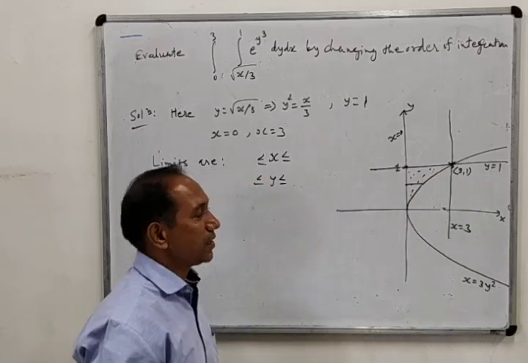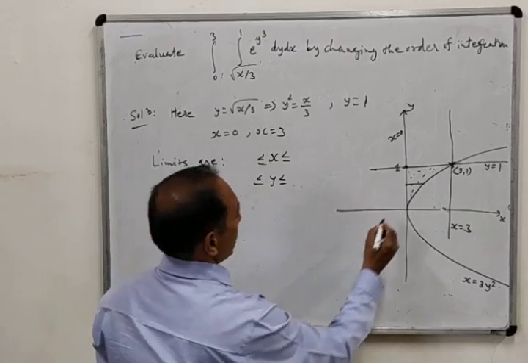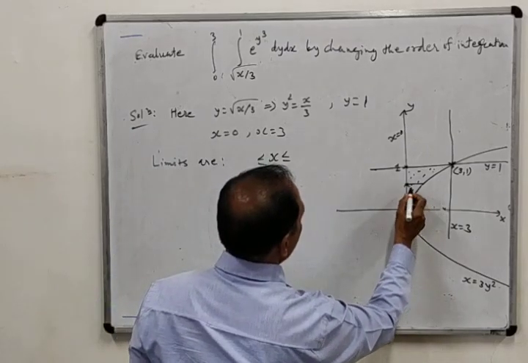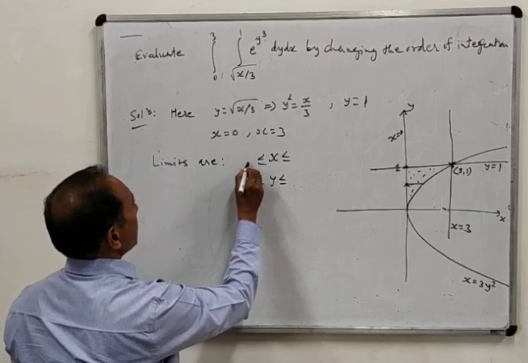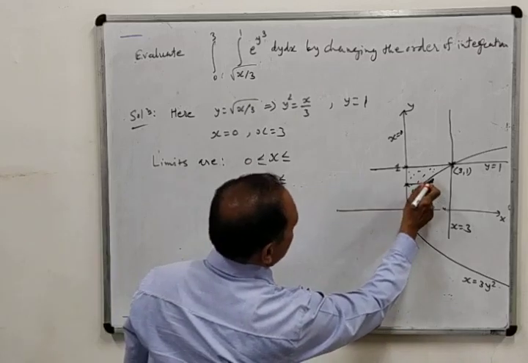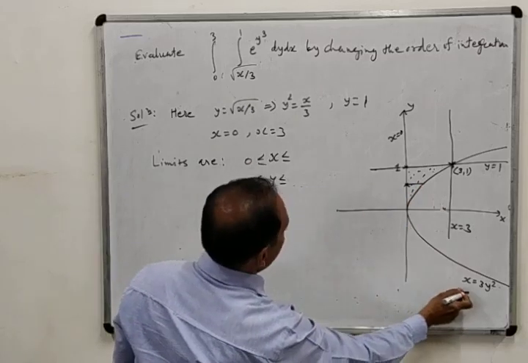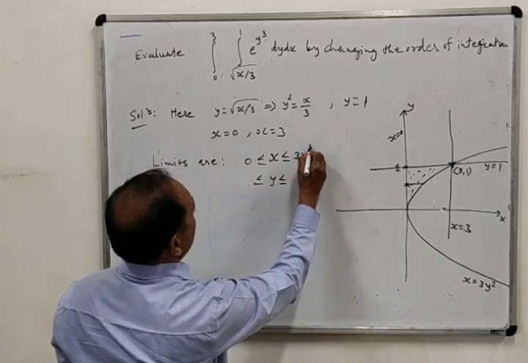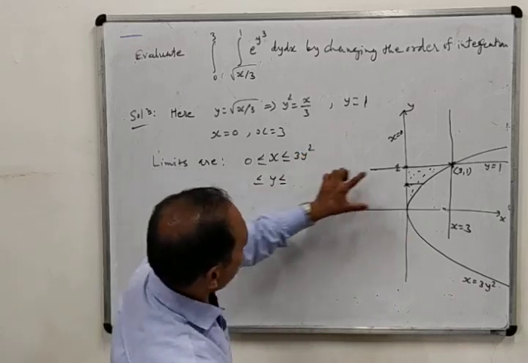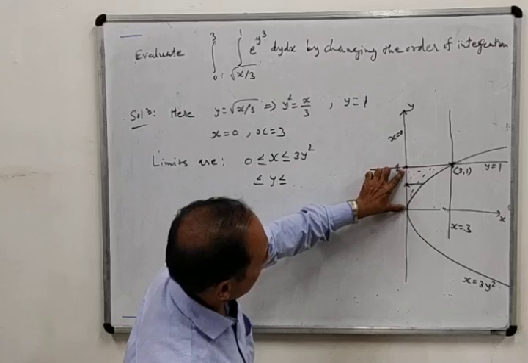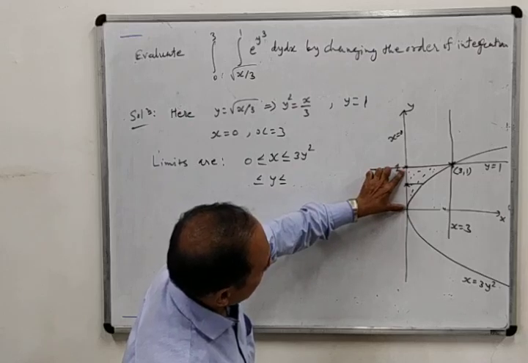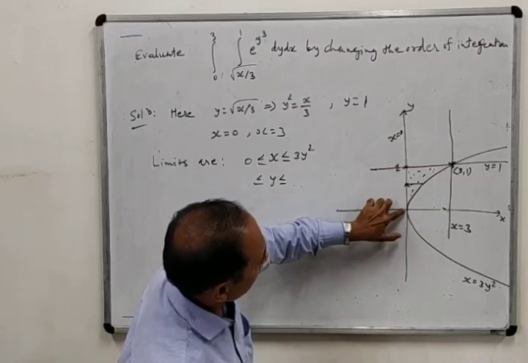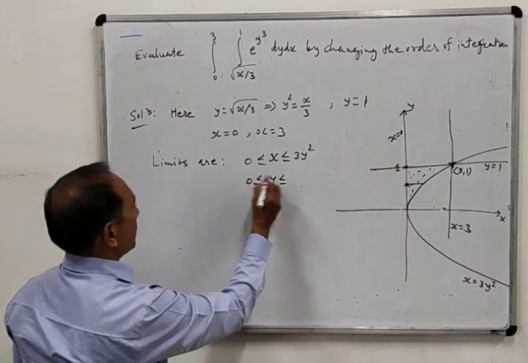So there is no need to divide this region into two regions; we can do it directly. This endpoint is on the y-axis, so here x equal to 0. This is on this parabola, where x equal to 3y square. The limits of y are from y equal to 0 to y equal to 1.